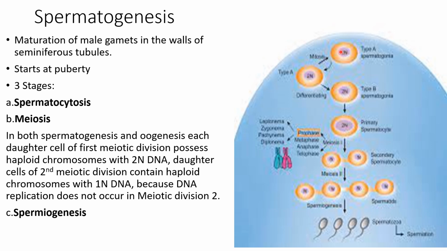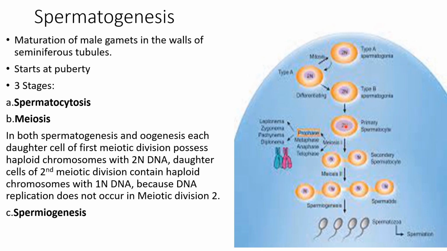Type A will undergo mitotic division to form dark and light type A. The light type A will undergo mitotic division to form type B spermatogonia. Type B will again divide mitotically, and finally form the primary spermatocyte. Up till this stage there is a diploid number of chromosomes as only mitotic division is occurring, and this process is called spermatocytosis.